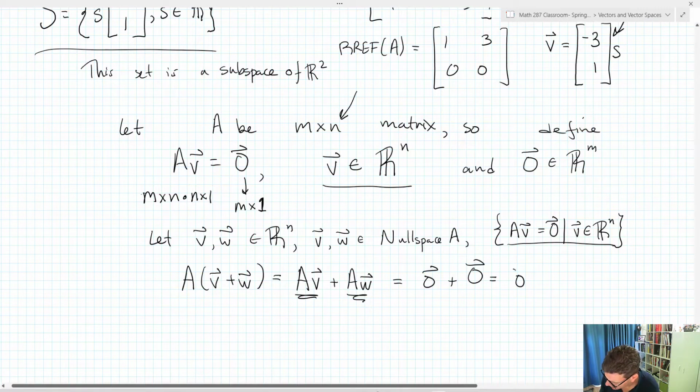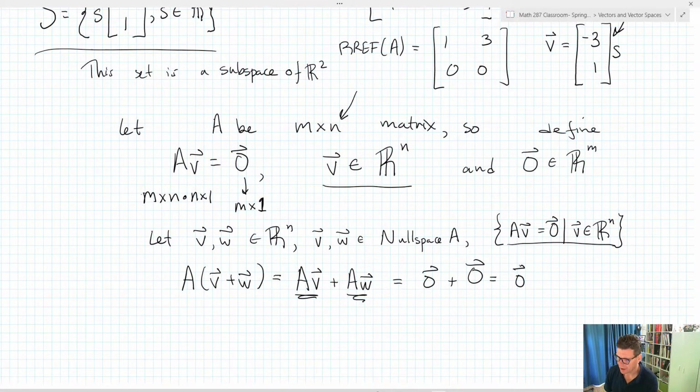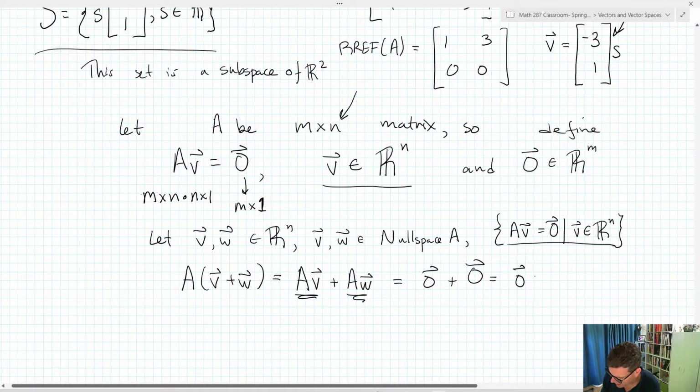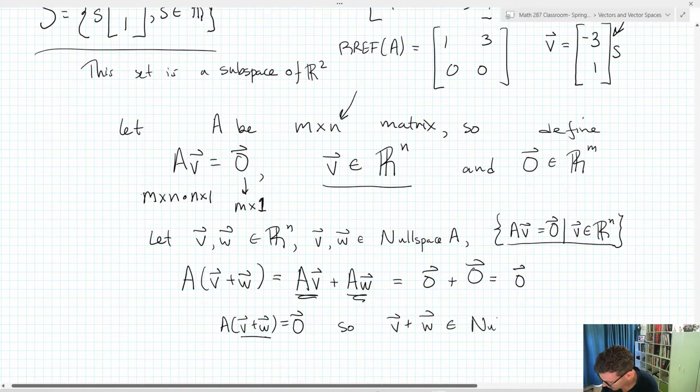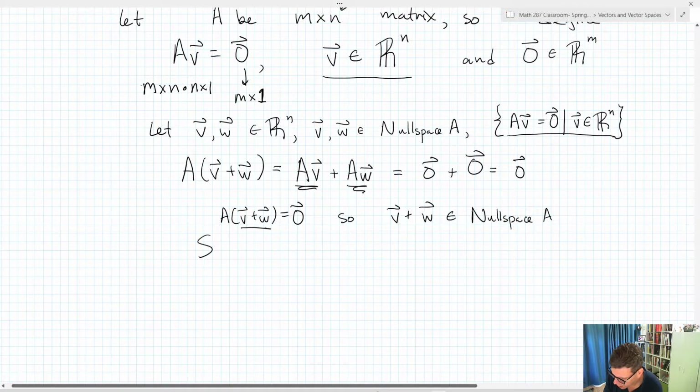So this gives me the 0 vector when we add the two of them together. That means A times (V plus W) equals 0. So when we multiply by V plus W, we also get the 0 vector. So that belongs to the null space of A. Awesome. So the null space of A is closed under addition. That's good. It's handy.